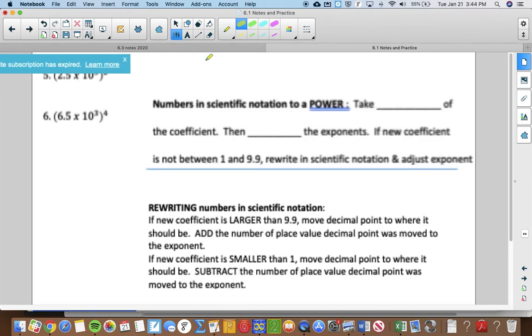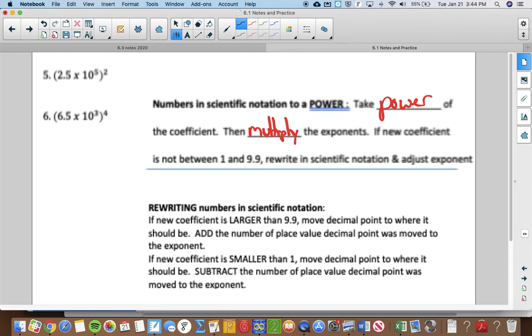Last but not least, what do we have here? We have scientific notation raised to a power. Numbers in scientific notation to a power. What are the rules there? You're going to take the power of the coefficient, and then you're going to multiply the exponents. And then same thing. If you have to adjust those numbers, do that.